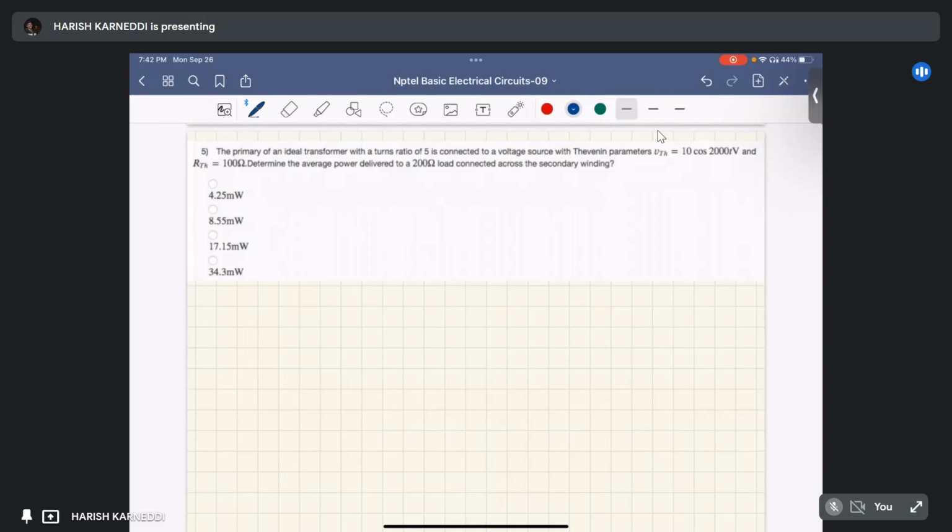The next question: the primary of the ideal transformer. Ideal transformer means efficiency equal to 100%, and the transformer turns ratio is 5. What is the meaning of the transformer turns ratio? Transformer turns ratio is N2 by N1, where N2 is the number of turns on the secondary side and N1 is the number of turns on the primary side.